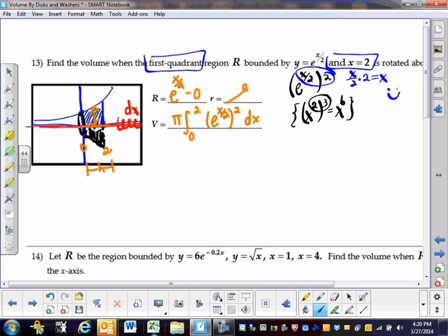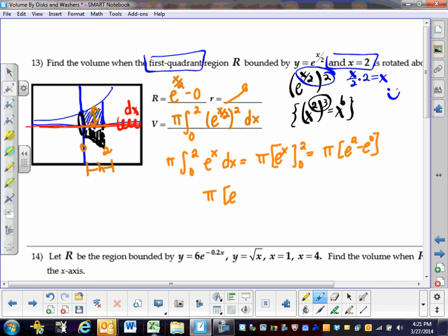Well, that's lovely, because when we do this work by hand, which we would have to do for this type of question that's this simple, we end up with just e to the x on the inside. And the antiderivative of e to the x is e to the x from 0 to 2. So we have pi times e squared minus e to the 0. So that's pi times e squared minus 1. And that's our answer.